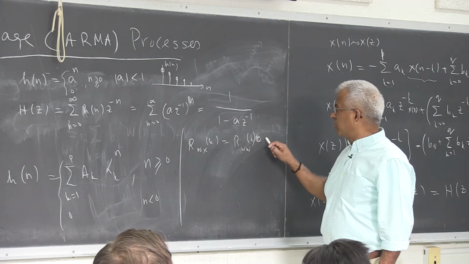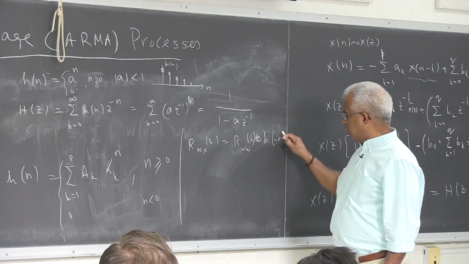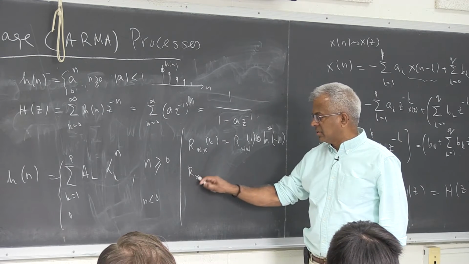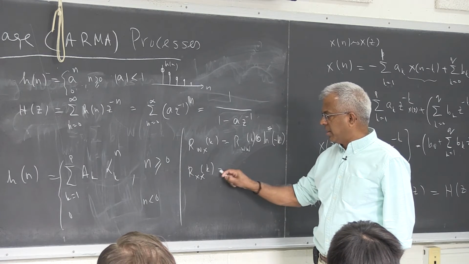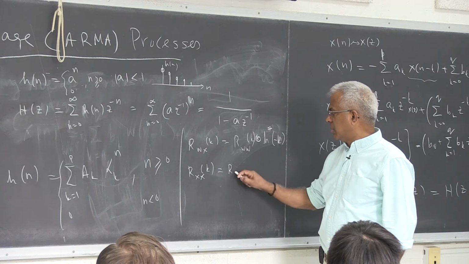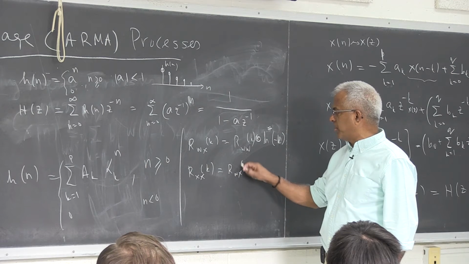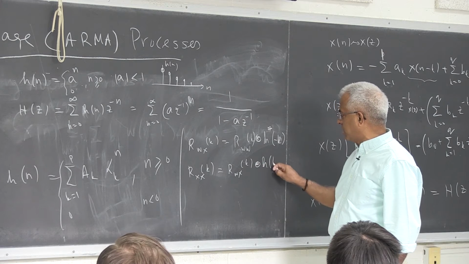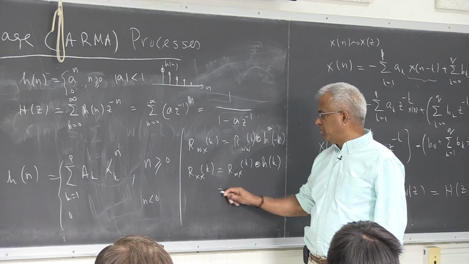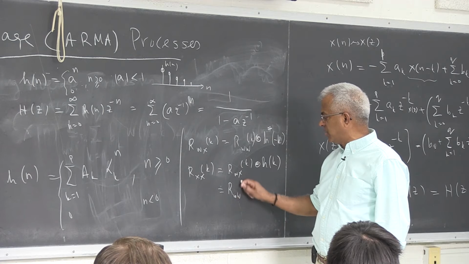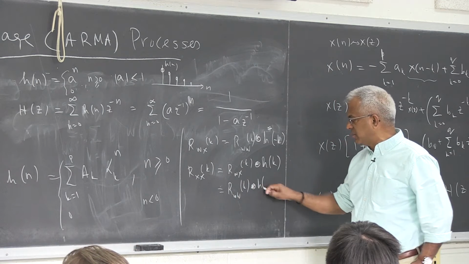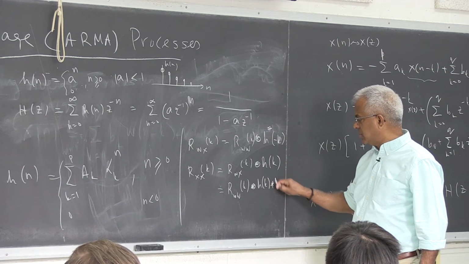Input autocorrelation convolved with, right, minus k. And R_xx(k) is the cross correlation convolved with h(k), which is the same as the input autocorrelation function convolved with h(k) convolved with h star of minus k.